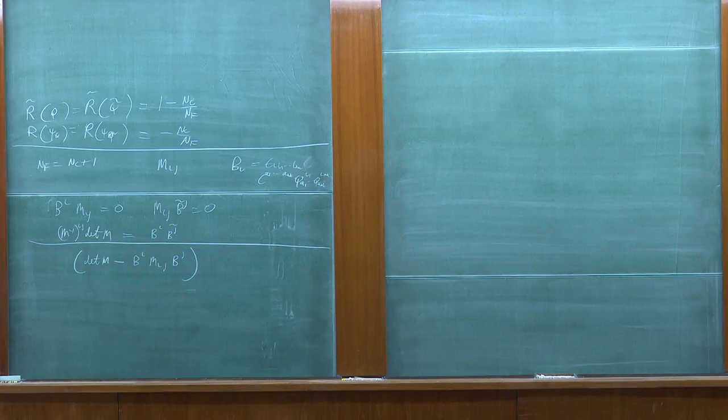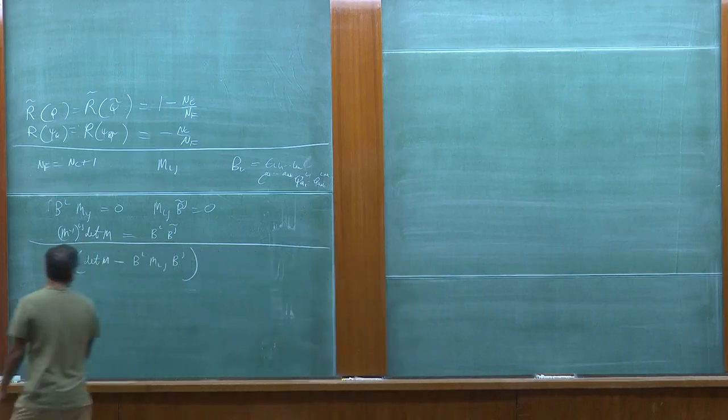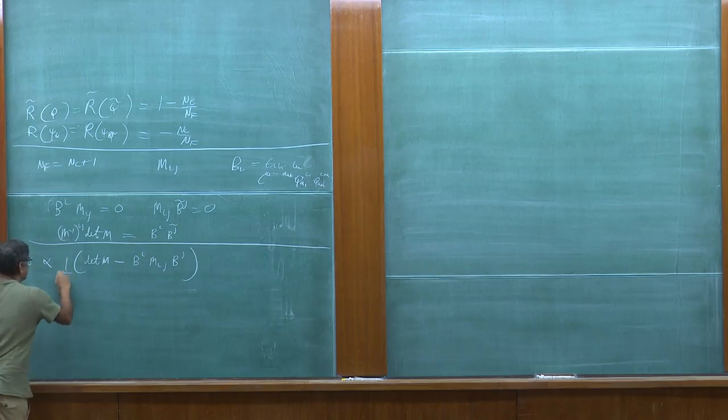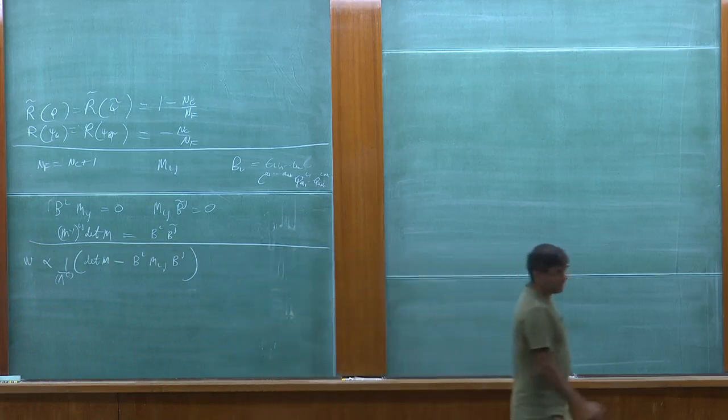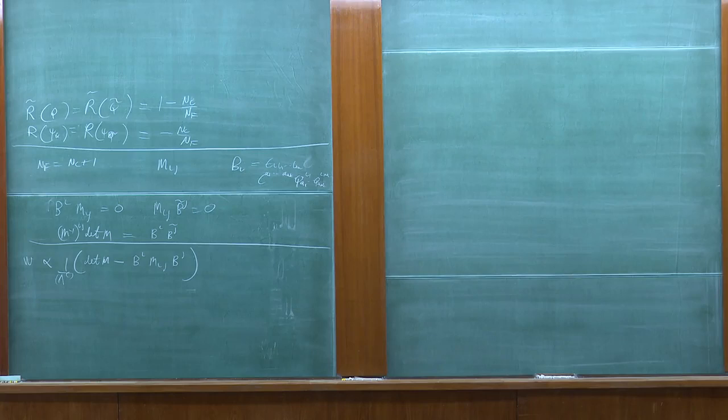So the idea was that there was a superpotential proportional to this object here, with a 1 over lambda to some power to make up the dimensions. We saw that varying the superpotential with respect to B and M produces those classical relations.